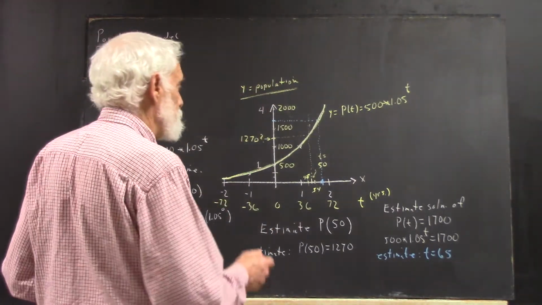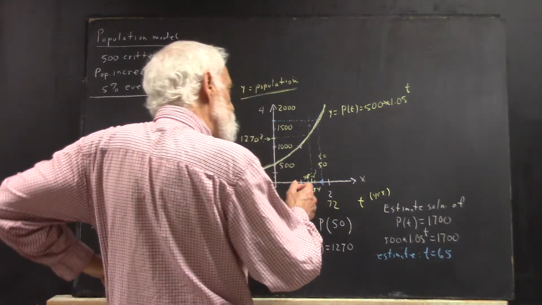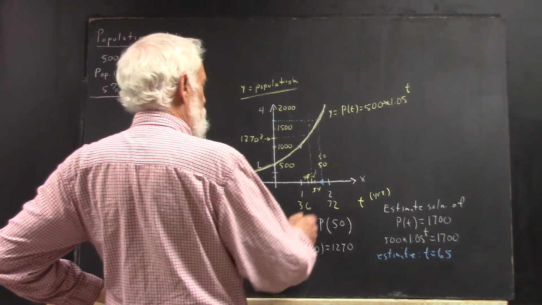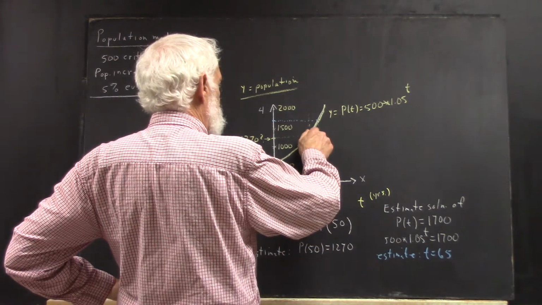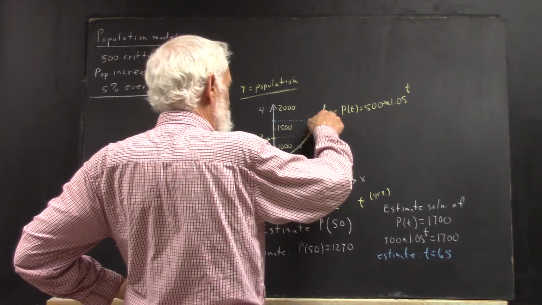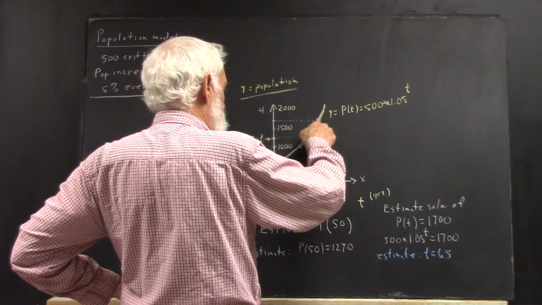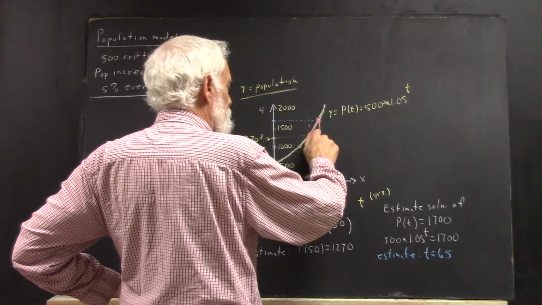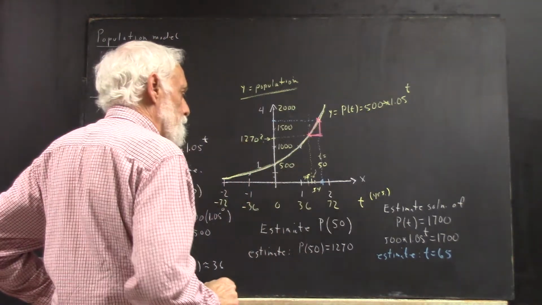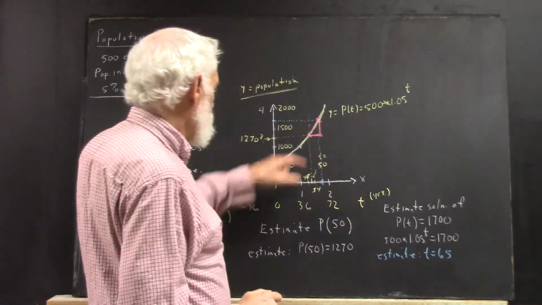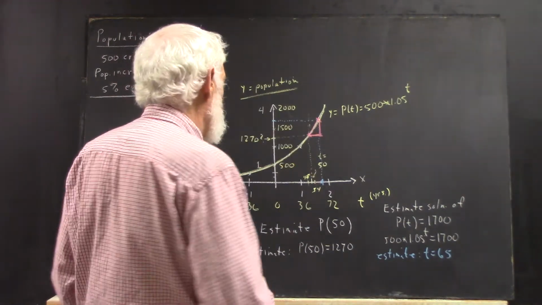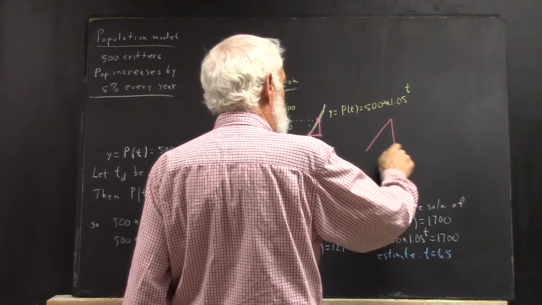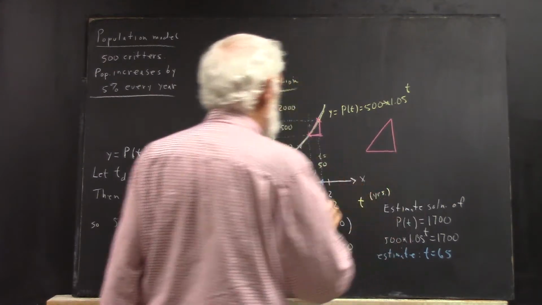So, at what rate is it growing, let's say, between this point that we estimated and this point? Okay, well, that's going to be the slope of our fundamental triangle. Okay, in our delta x, let's just draw the triangle again and label the coordinates of the points.